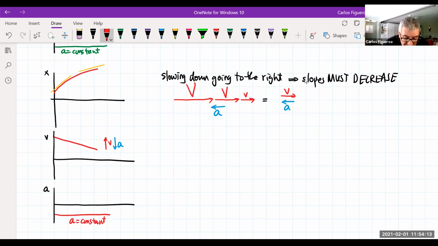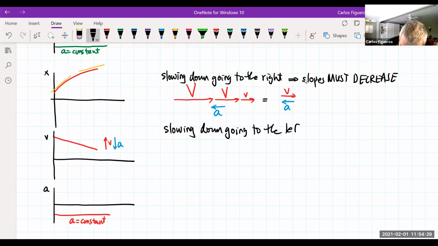So I'm going to do the same thing for the other one now. So now I'm slowing down, going to the left, which then tells me about the slopes. Let's draw this first before I get there. So when I look at this guy here, I now have what? Higher to lower to lower.